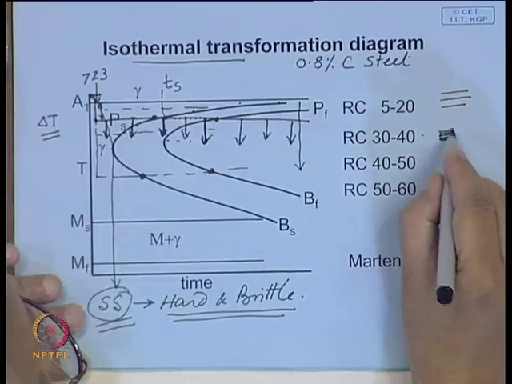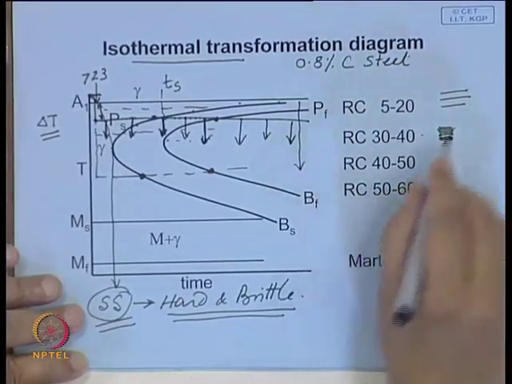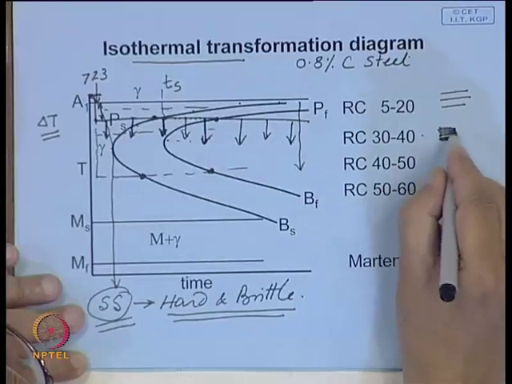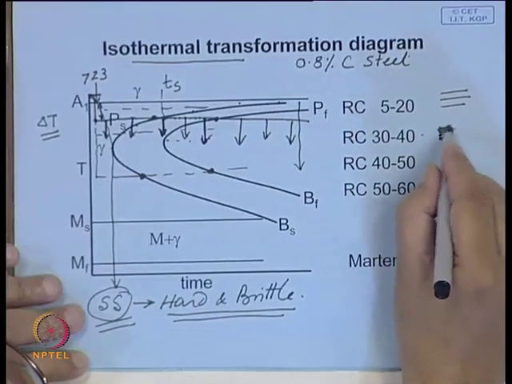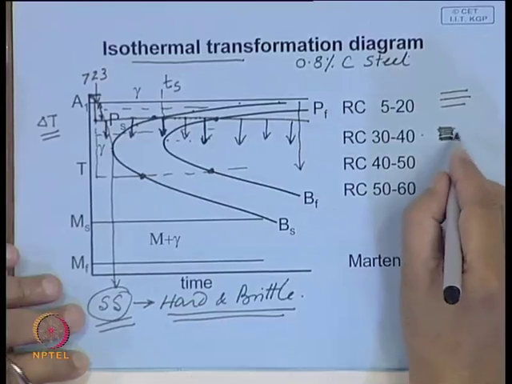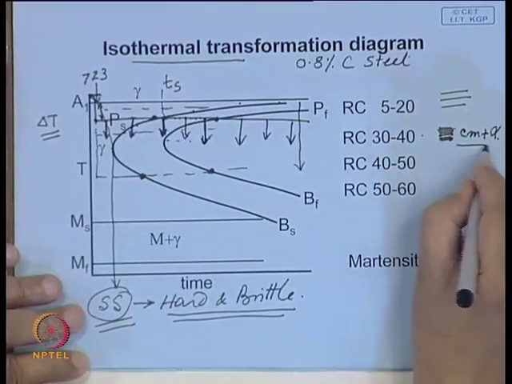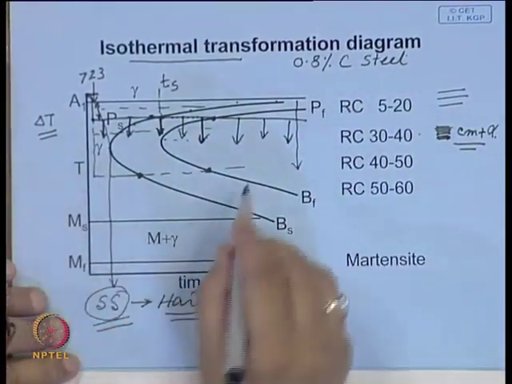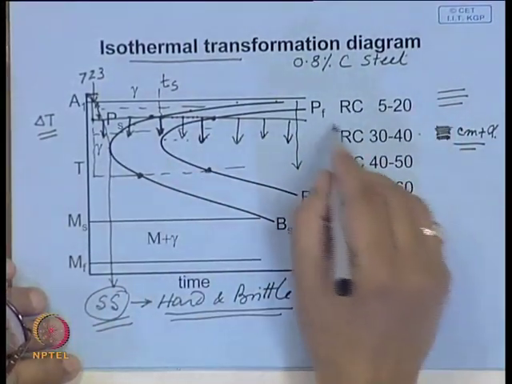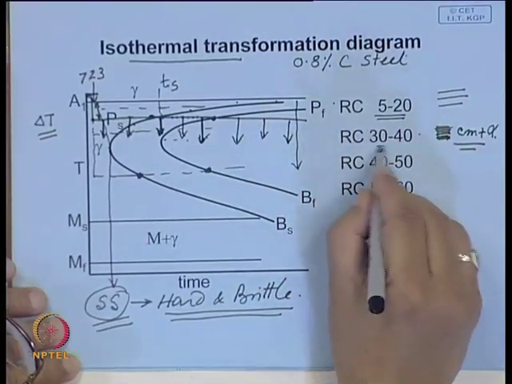Sometimes it may be so fine that it appears as a dark patch in the microstructure, but at high magnification they can be resolved, and you can see that they are also made up of alternate layers of cementite and ferrite. And as the structure becomes finer, its hardness increases. This is the hardness, which is given in Rockwell C scale.